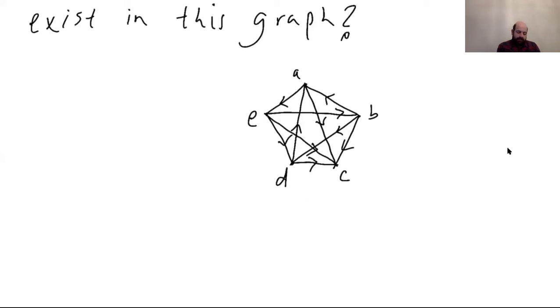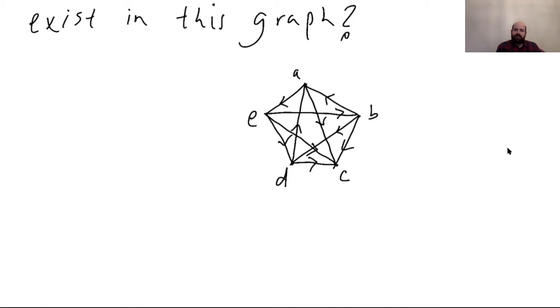The first thing we want to notice is that if you look at vertex C here, all the 4 edges ending up in C are towards C. So there is no way that we can go from C to anywhere. So we only have the option to go from somewhere to C, right?